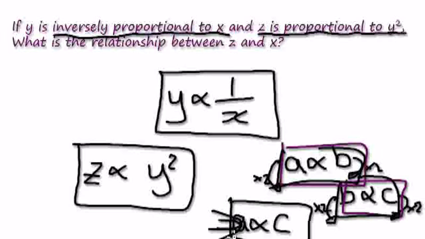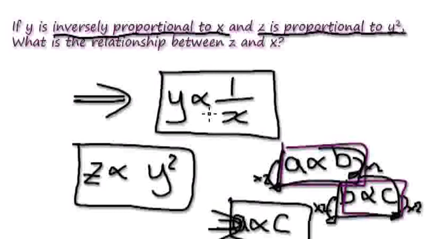Now it's the same thing over here. Y is inversely proportional to x, and z is proportional to y squared.